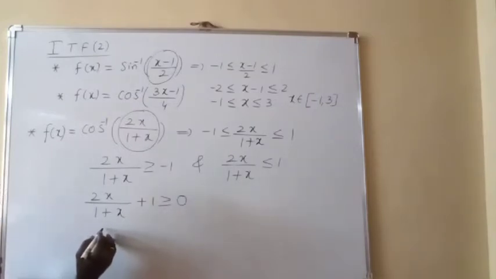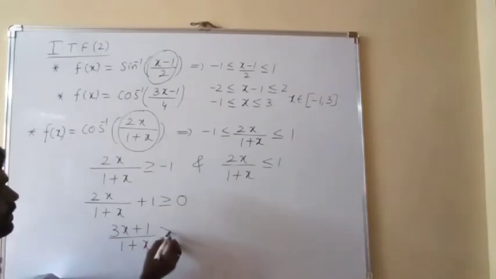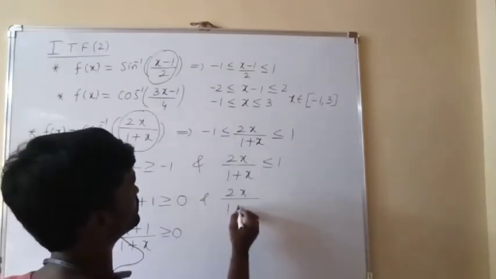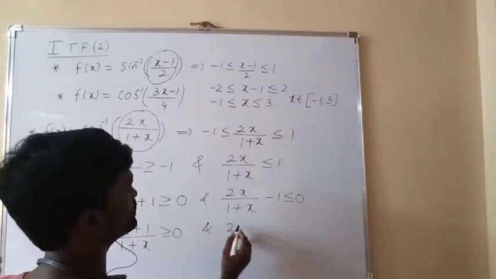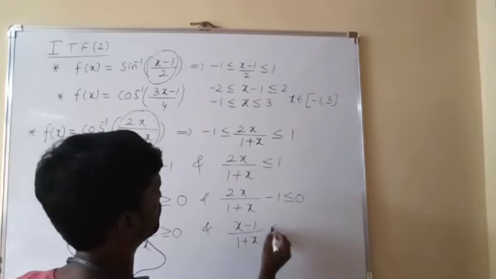So if you take LCM and simplify, I am writing directly, 3x plus 1 by 1 plus x greater than or equal to 0. And here, 2x by 1 plus x minus 1 less than or equal to 0, that is, 2x minus x minus 1 by 1 plus x less than or equal to 0.